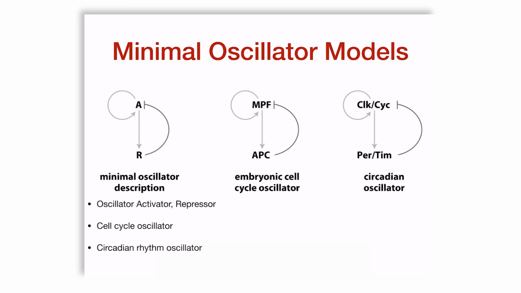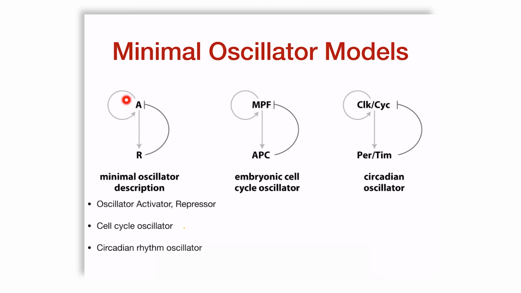So in order to understand something, we try to model it. We try to make a mathematical model, an equation, and compare it to reality. In the case of cell cycles and circadian rhythms, the minimal oscillator description is this. There is an activator, A, and a repressor, R. The activator activates the repressor and itself self-activates, and the repressor inhibits the activator.